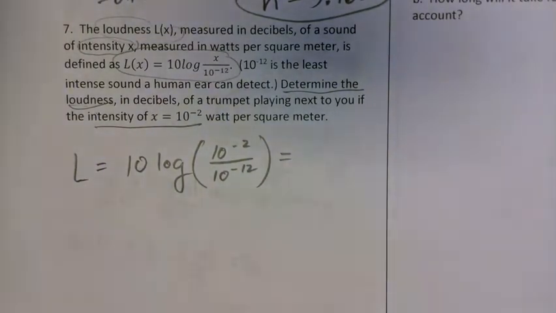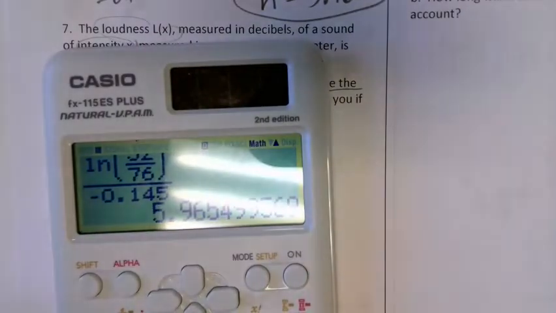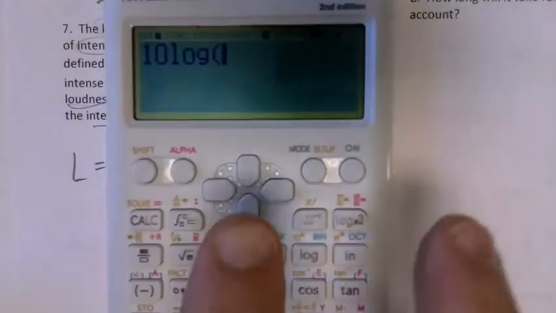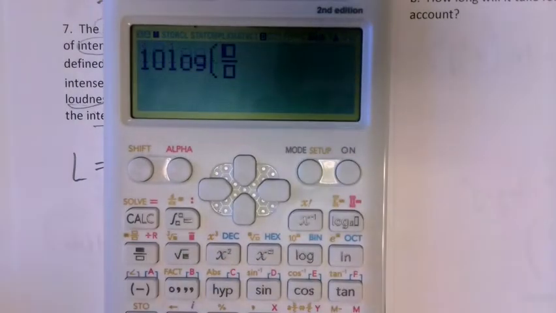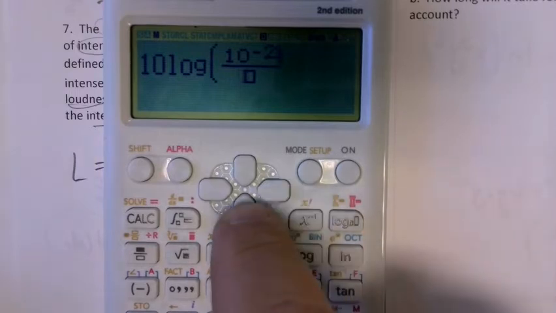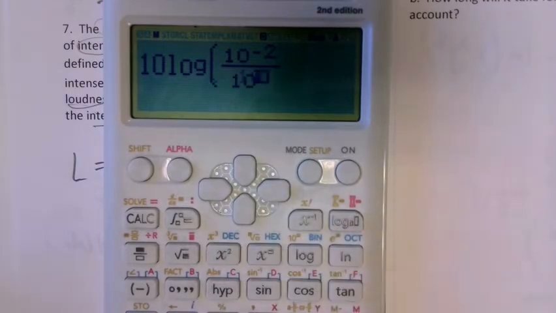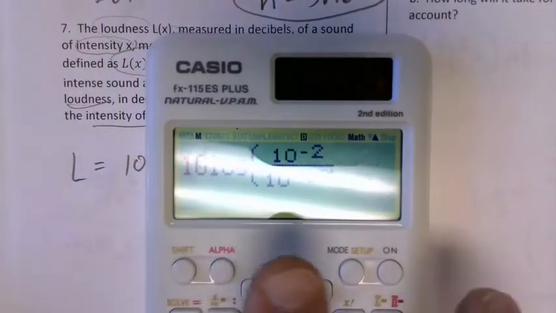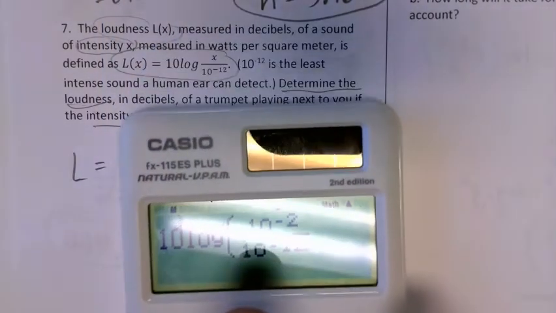Well, that's just a type it into a calculator thing. So 10 times the log, and it's a common log, of 10 to the power of negative 2, all over 10 to the power of negative 12. Is that right? Yep, that's what I have. What I have written is what I've typed in my calculator.